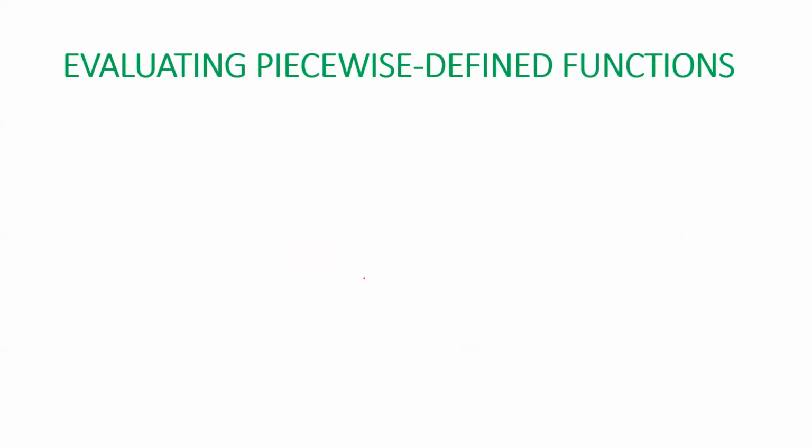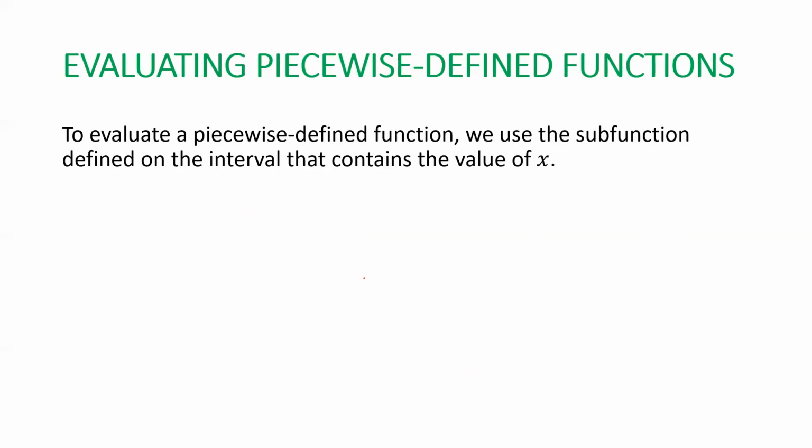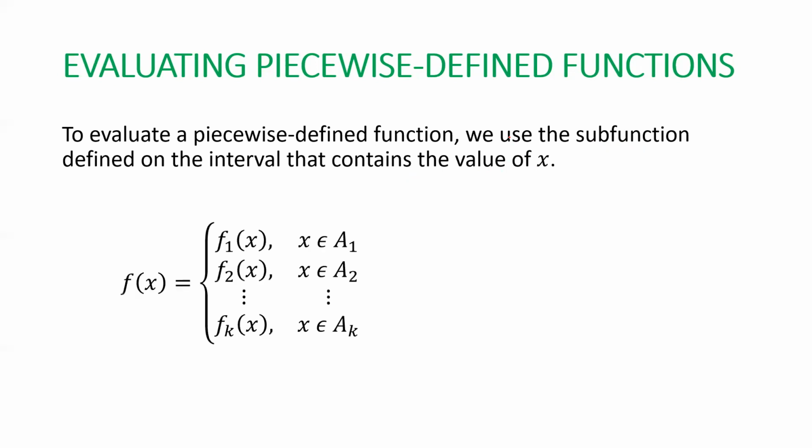So first, before we graph, we need to understand how to evaluate piecewise defined functions. To evaluate a piecewise defined function, we use the subfunctions defined on the intervals that contain the value of x. Which means that if this is the piecewise defined function, we have to ask ourselves, where is x?